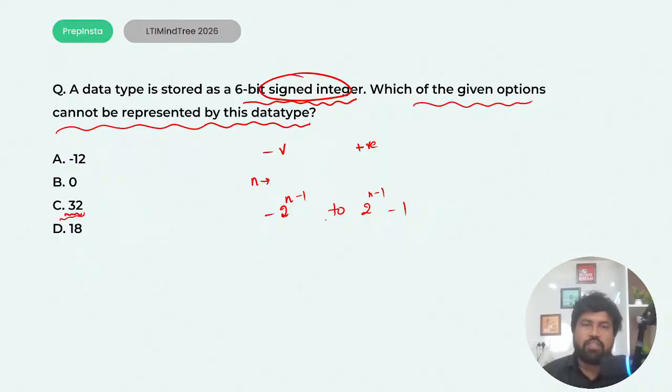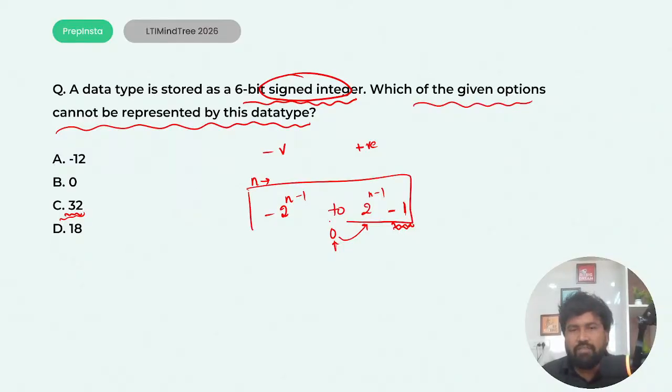Why am I doing minus 1? Because 0 is also treated on the positive side. So that's why at last I do minus 1. This is common knowledge, everyone knows, right?